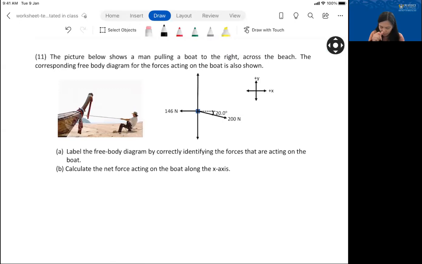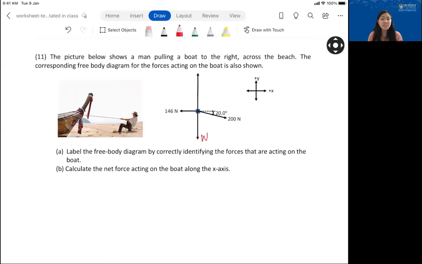First one, label the free body diagram by correctly identifying the forces that are acting on the boat. So what's the force that's downwards? Weight, yes.